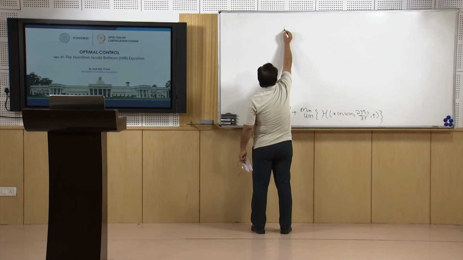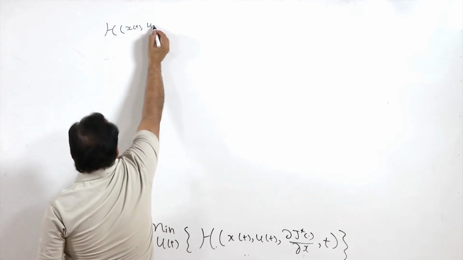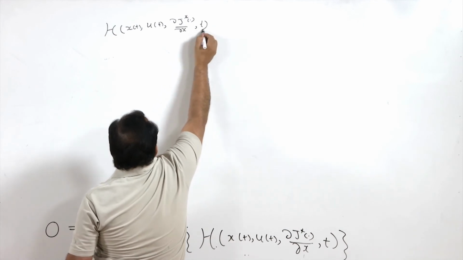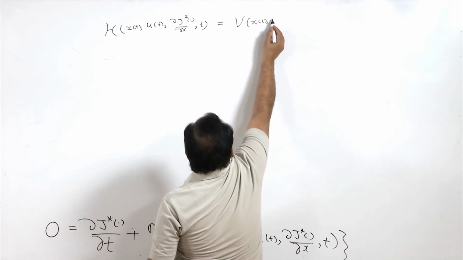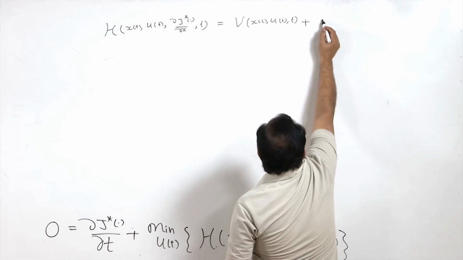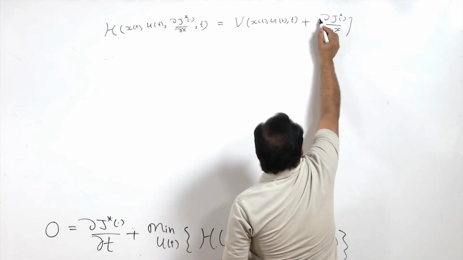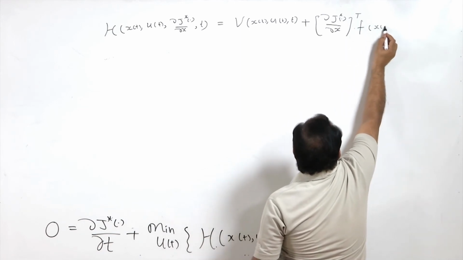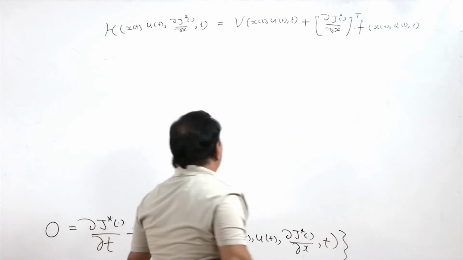So what we have done is defined the Hamiltonian, which is a function of x, u, del j star by del x, t, as my v of x, t, u, t plus del j star by del x transpose multiplied with f of x, t, u, t.